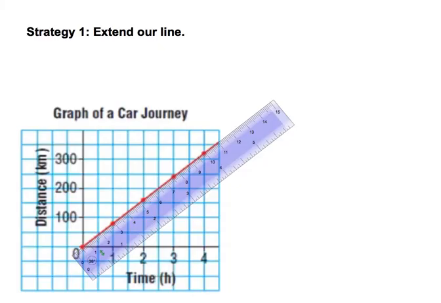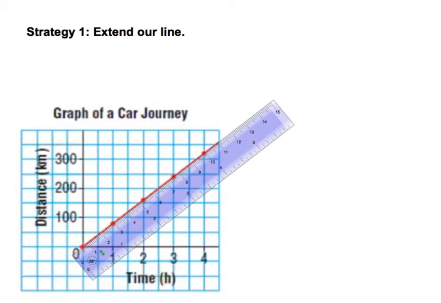So strategy one is extending the line. You could actually take your ruler and extend the line. Now the only thing is that you run out of grid paper. So in order to do this, you would actually have to take other grid paper, draw the exact same line on bigger grid paper, and then extend your line, then interpolate.